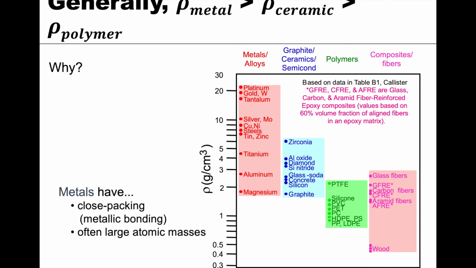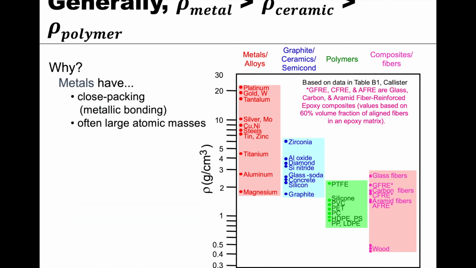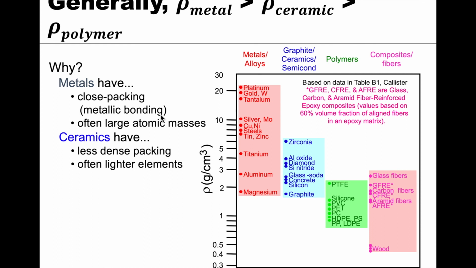So let's look at why this is the case. We've just looked at metal structures, and we see that they tend to be very dense, right? BCC, FCC, HCP, those were all fairly close packed. They also tend to have atoms with large atomic masses, and so that's why we get high densities. Ceramics, on the other hand, are slightly less dense packing.